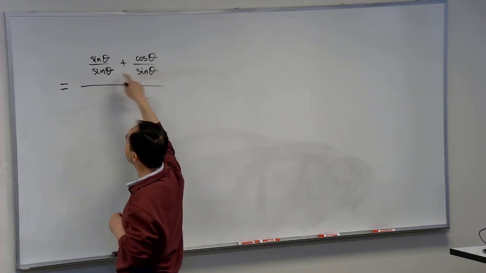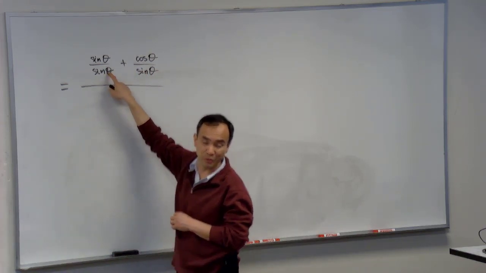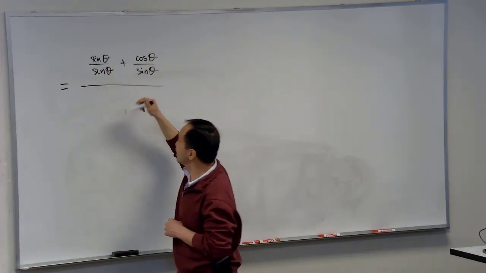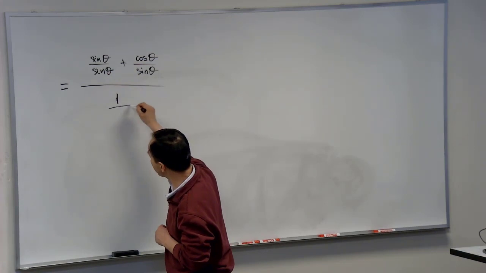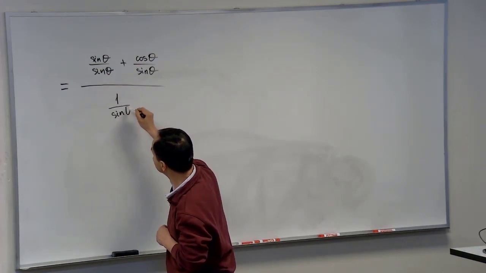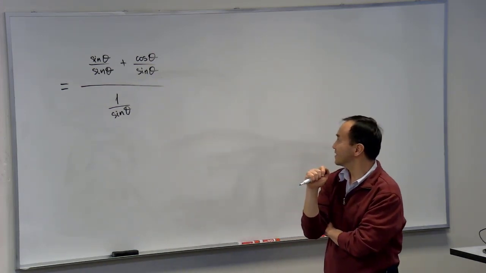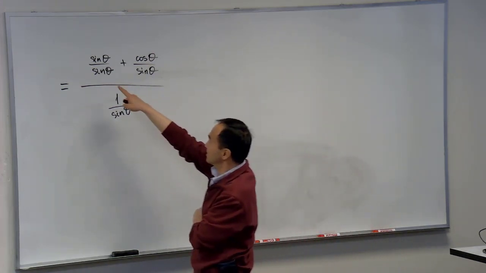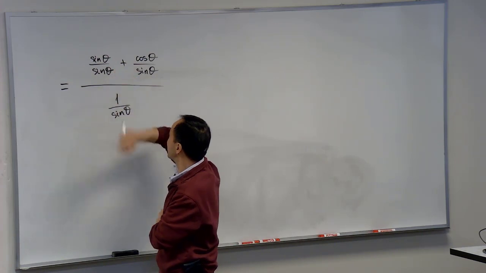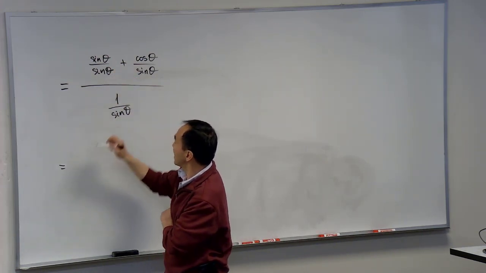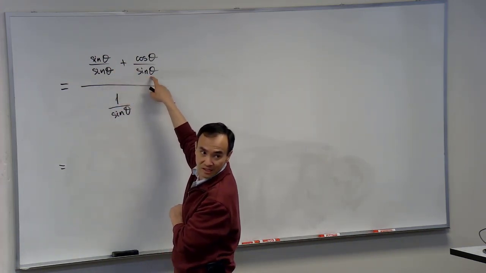So what I just did here is make a common denominator between the two terms in my numerator. The big denominator fraction is still kept the same for now. So now that term 1 is turned into sine theta over sine theta, and I did that to make it a common denominator with the other term, that's all.